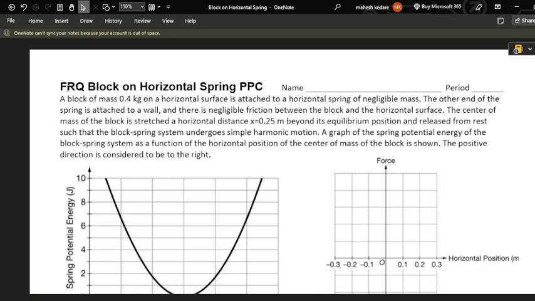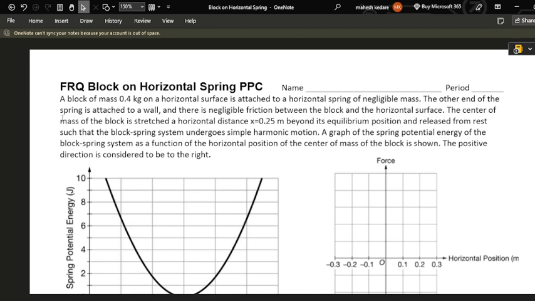This is another interesting question. A block of mass 0.4 kg on a horizontal surface is attached to a horizontal spring of negligible mass. Spring has negligible mass, so we can neglect the effect of the mass of the spring on the motion of the mass that is attached to the spring. The other end of the spring is attached to a wall, and there is negligible friction between the block and the horizontal surface.